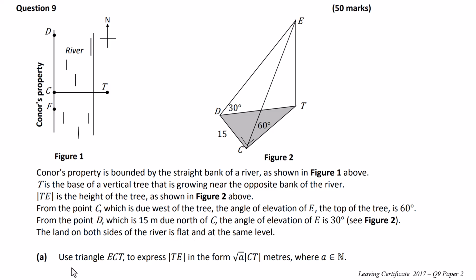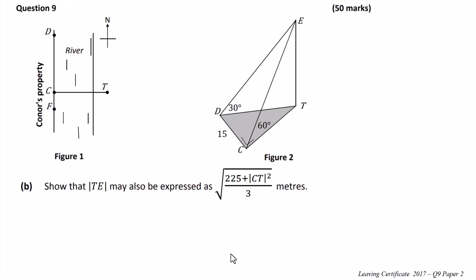In part A, we're asked to use the triangle ECT to express the length TE, the height of the tree, in the form of the square root of A times the distance CT. In part B, we're asked to show that TE may also be expressed as root of (225 plus CT squared) over 3.